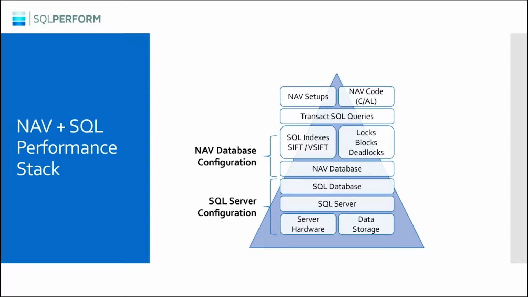And of course, once all of this code is being executed, what happens is the NAV application will generate SQL queries that get sent to the SQL server and actually be acted upon. So this upper layer is what I call the NAV application configuration and design layer. So that's all towards the end user. So this is the entire stack of different components that are actually being used as NAV runs. All right. So now, from an end user perspective who's up at the apex here and perceives performance through this entire stack of components, right?